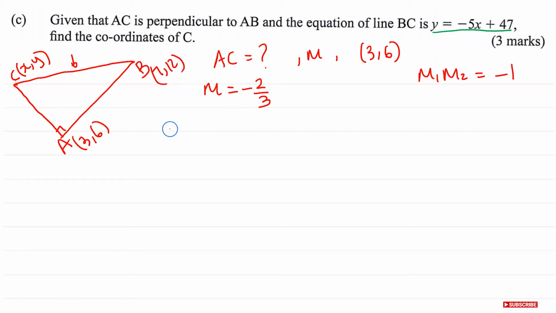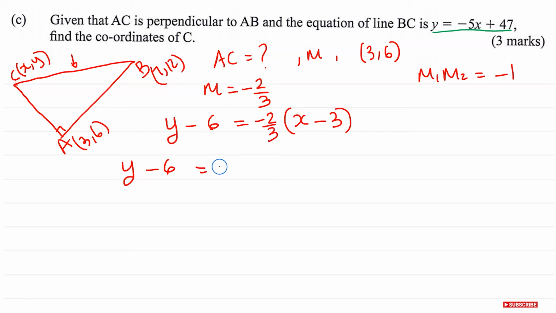Right then, so now we can find the line AC. We know that y minus y1, so we're going to take away 6, is going to be equal to m, minus 2/3, and then we have x minus x1, which is 3. So let's just get on with this calculation. y minus 6 is going to be equal to, expand this, minus 2x over 3.